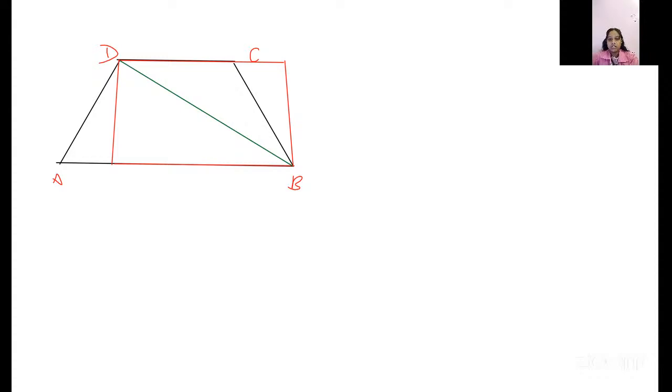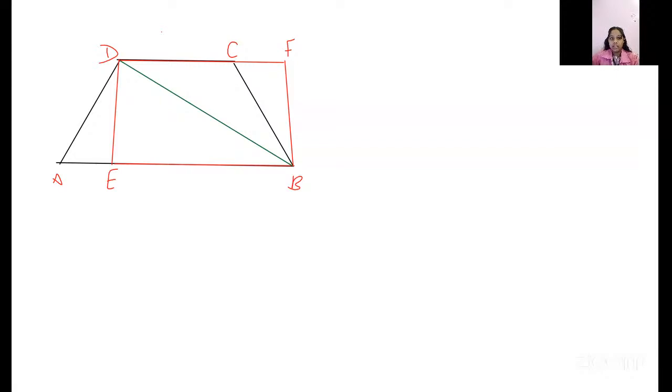Okay. So now to do the area of the trapezium, let's give them names first. Let's name this E, okay, and F. This point is C. Now, if I do the area of triangle ABD, can you locate the triangle ABD and the area of the rectangle?